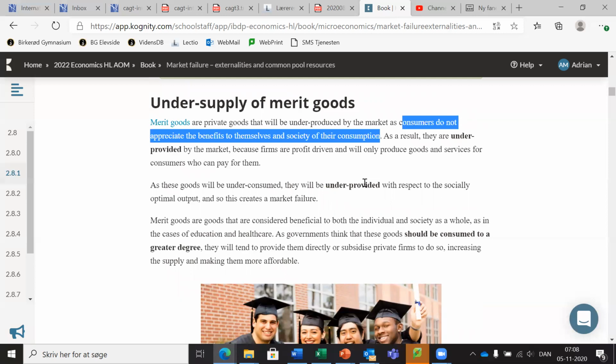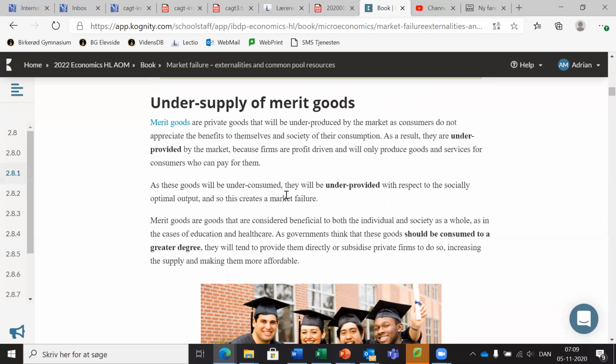When we're young, we get this great education, we don't want to go to school, but it actually benefits us a lot in the long term. So a merit good is a private good. We'll talk about the distinction between private and public goods later, but it's a private good that is underproduced because we demand too little of it. We don't fully take into account the benefit we're getting.